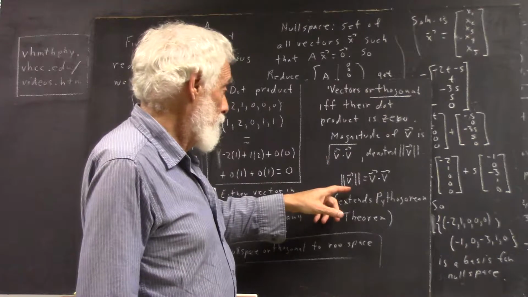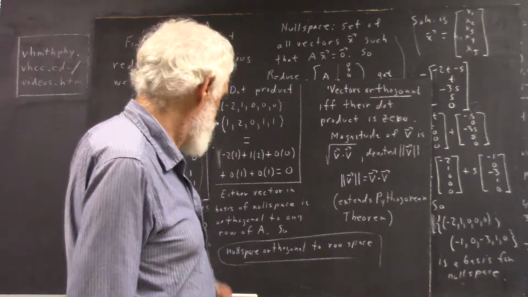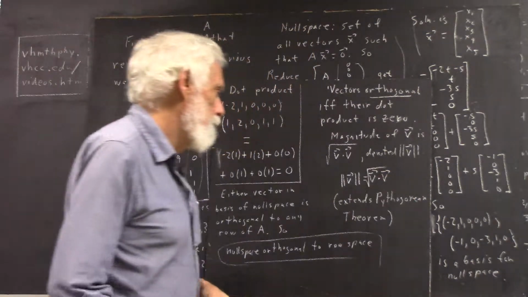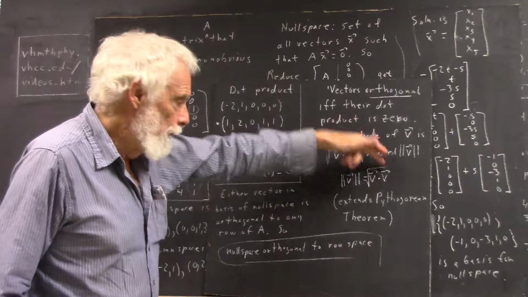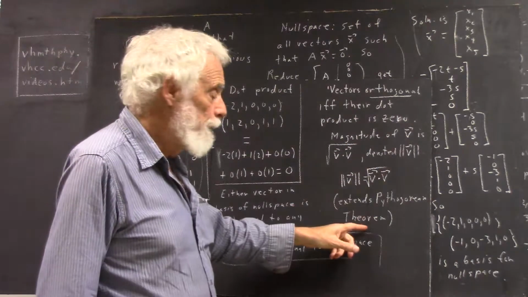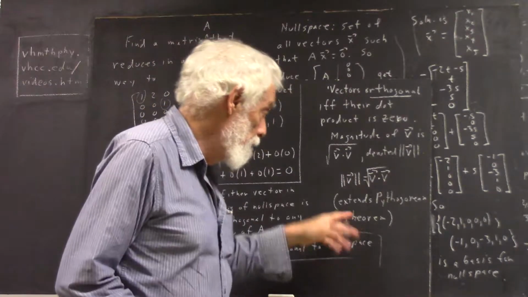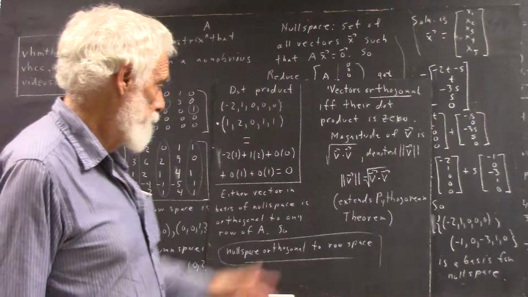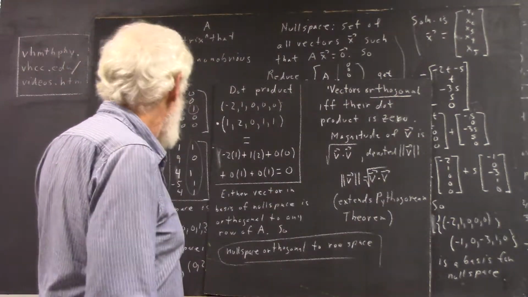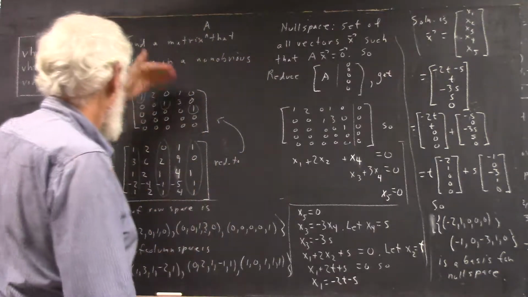This just says that the magnitude of V is the square root of V dot V. Or the square of the magnitude of V equals V dot V. And this is just an extension of the Pythagorean theorem. I'm not going to detail that now. We probably will see that because it's actually quite easy. So that's a whole lot of mileage out of this one example.